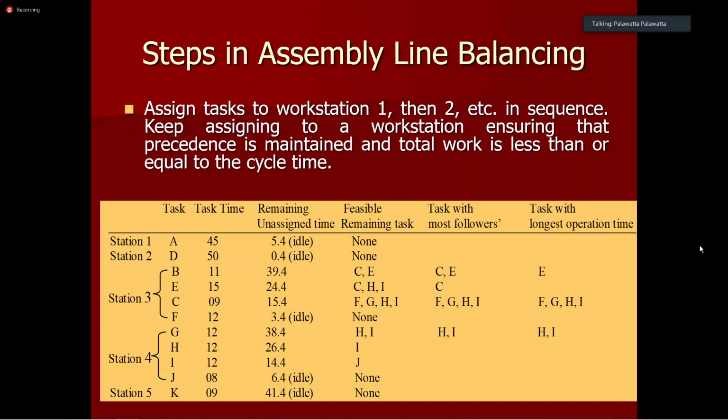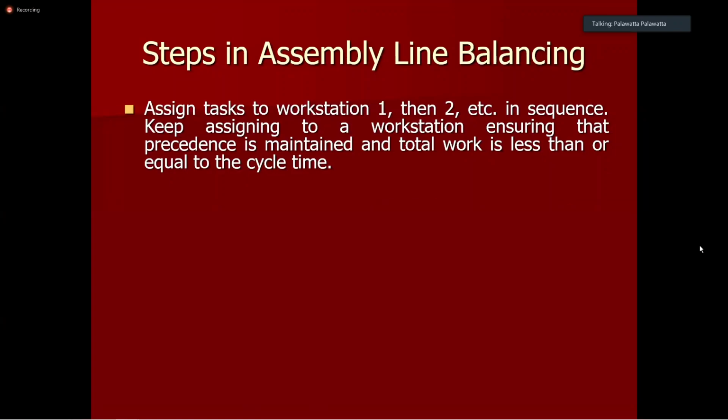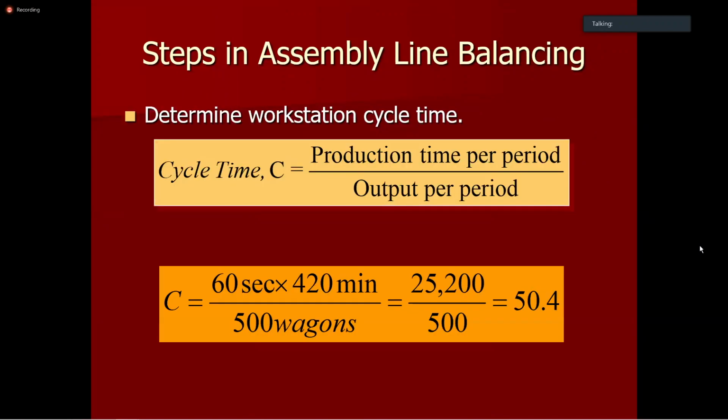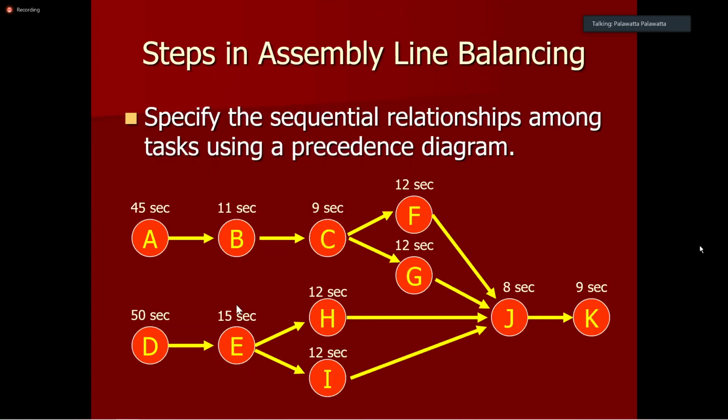For station 3, B has the number of following tasks 5. The other candidate is E after D, and E has 4 tasks.